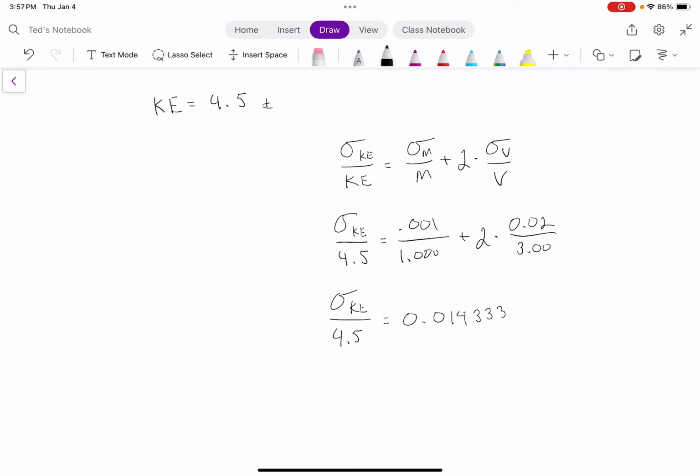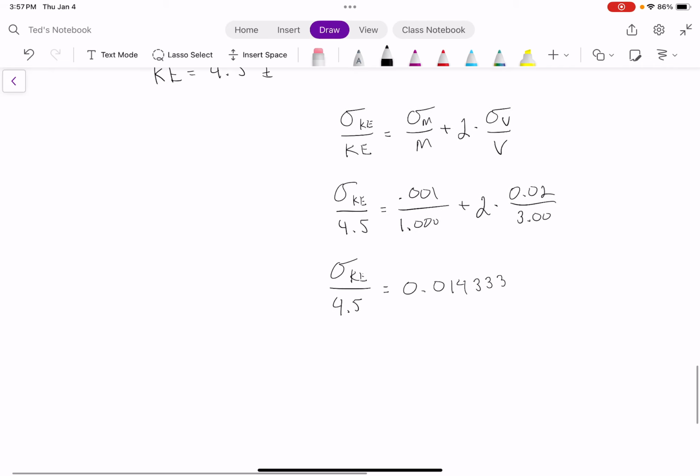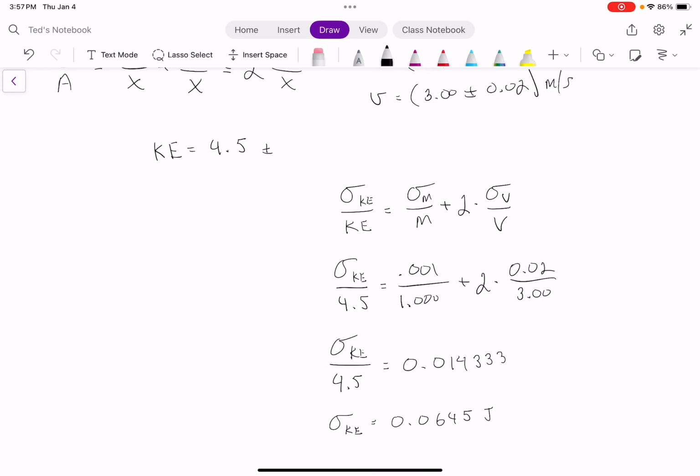Okay? And now multiply both sides by 4.5. The uncertainty in my kinetic energy is equal to 0.0645 joules. So that is my uncertainty.